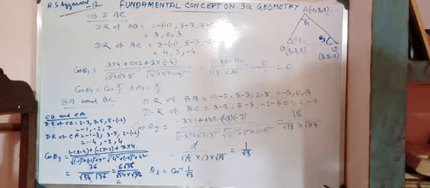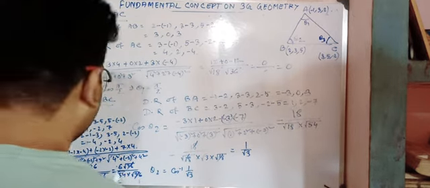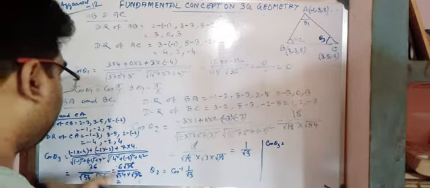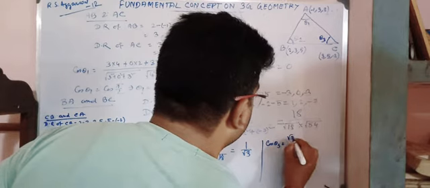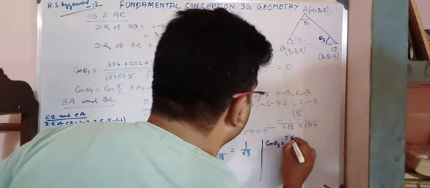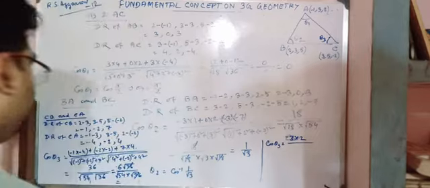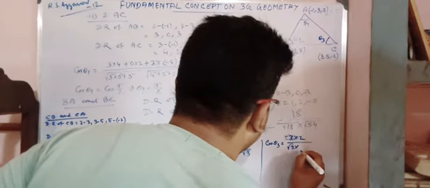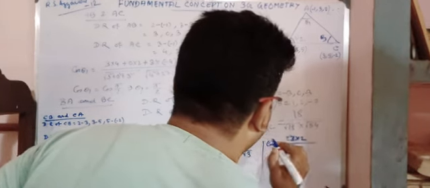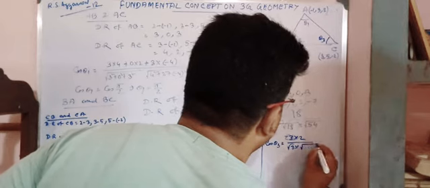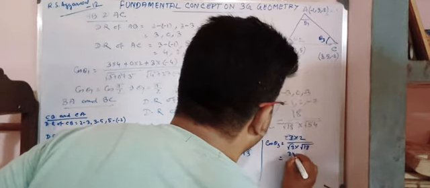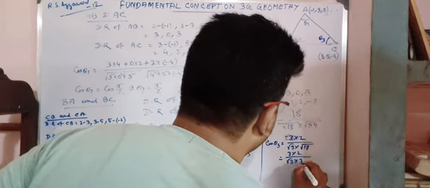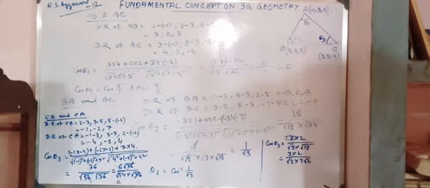Skipping the calculation, if we calculate that, cos theta 3 is equal to 6 by root 54. 6 by root 54: 6 means 3 into 2, and root 54 means root 3 into 18, root 18, that means 3 into 2 divided by root 3 into 3 root 2.